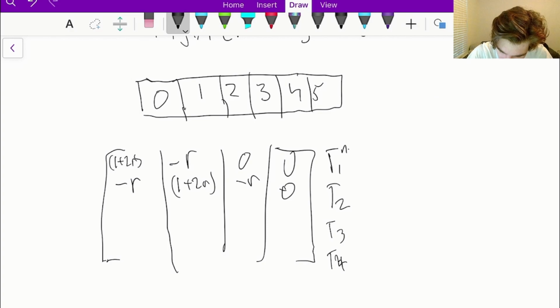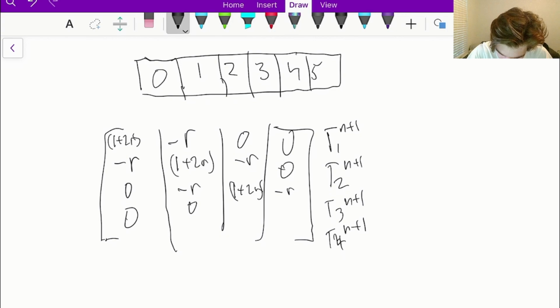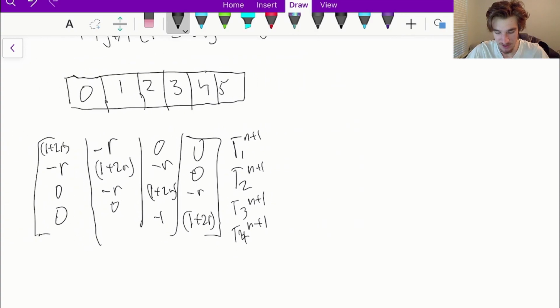So these are all at n plus 1 time values. So we can fill in zeros for these, and then negative r, and then 1 plus 2r, and then again negative r, and then this one's negative r, and then this is 1 plus 2r. So exactly like that.